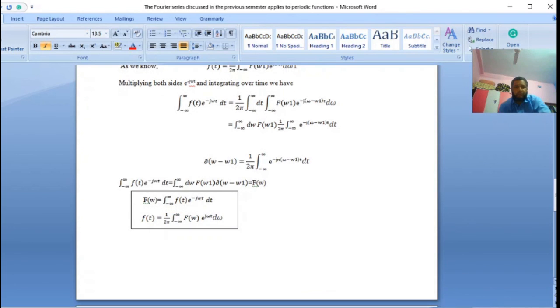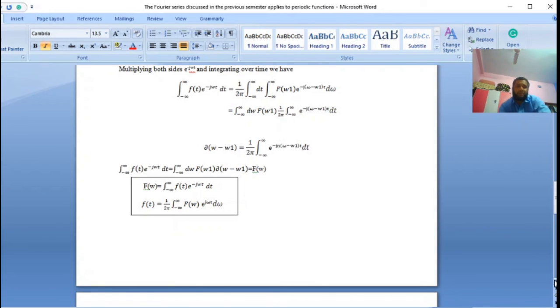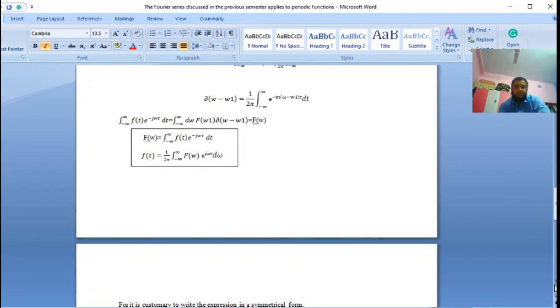Here what we have noticed is that there is a factor 1 by 2 pi in one place but not in the other. So it is customary to express this relation in a symmetric form.